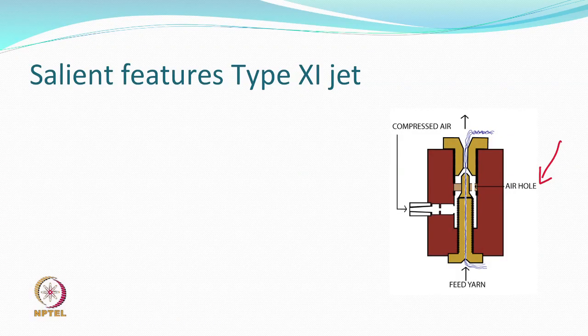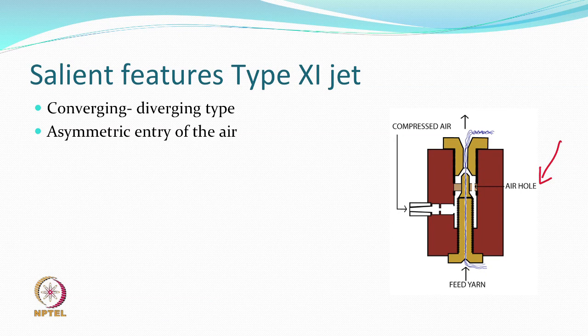So, some salient features of type 11 jets. They became converging-diverging. Converging, so that velocity increases; diverging, again they gave back as this will be more important. We will talk about this diverging and its effect.